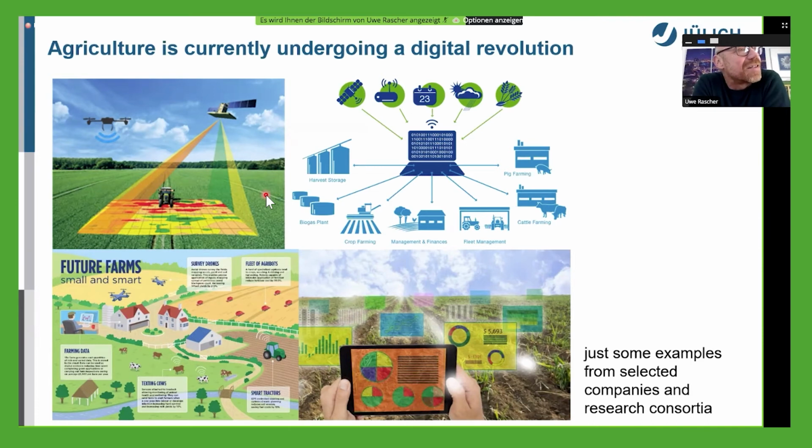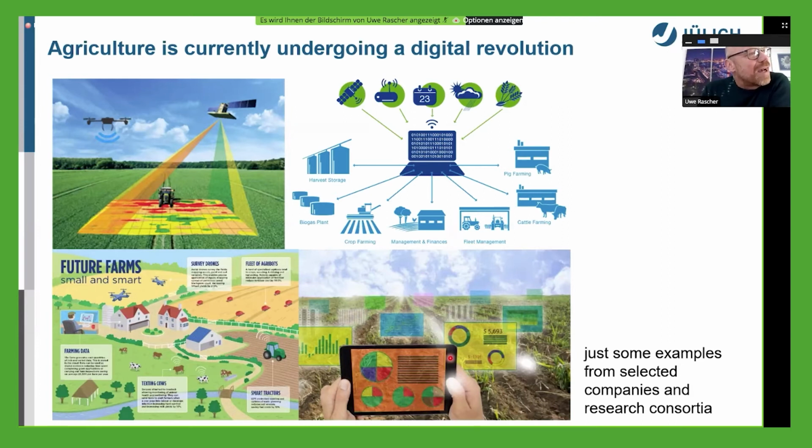For the start, just some images which I took from web pages where different visions of digital agriculture or future agriculture are shown. This all has to do with satellites, with drones, with smart machines on the ground, and a lot of information being made available online to the farmer at the end.